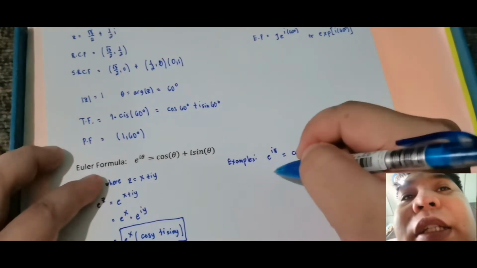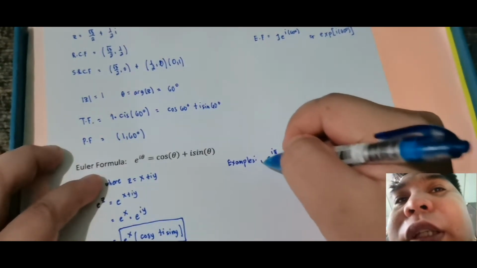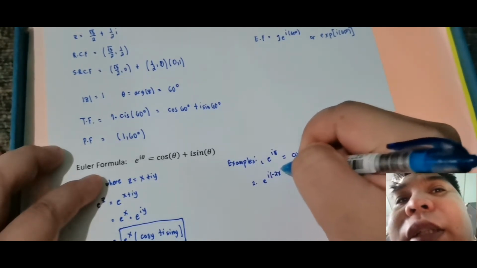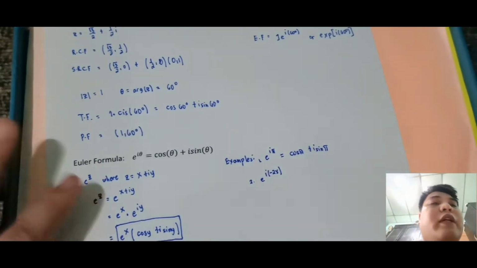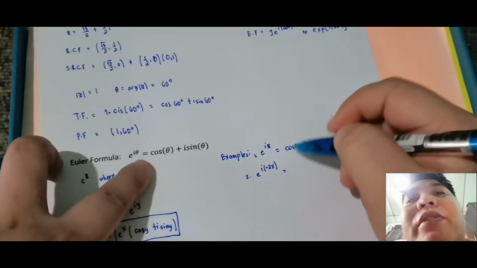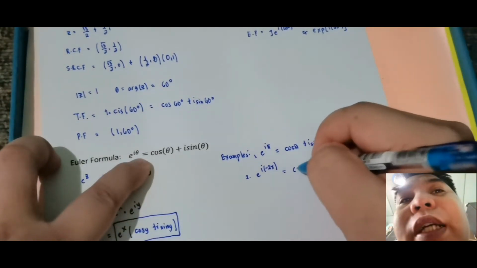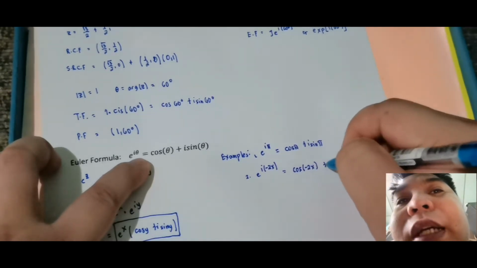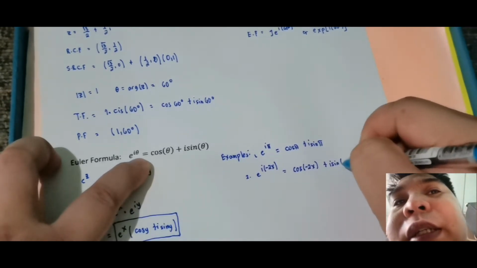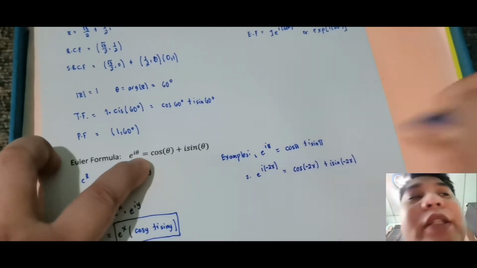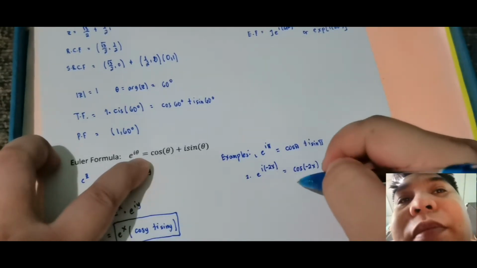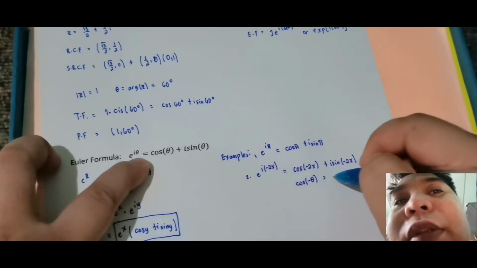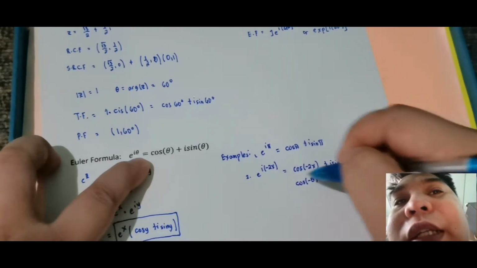Next example is e raised to I times negative 2x. Okay, so pag sinubstitute, that is cosine ng negative 2x plus I sin ng negative 2x. Okay, so note that yung cosine ng negative theta is equal to cosine theta.